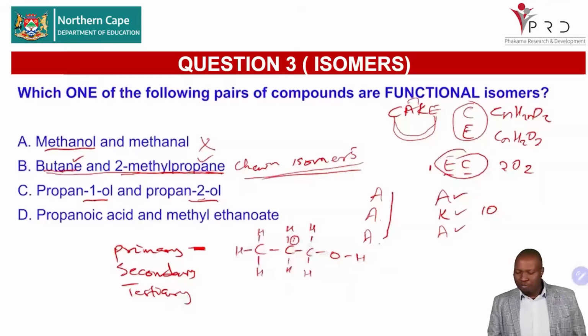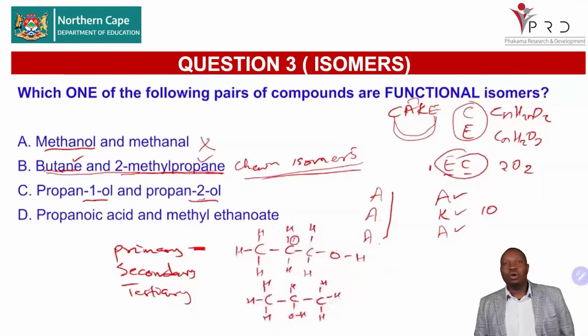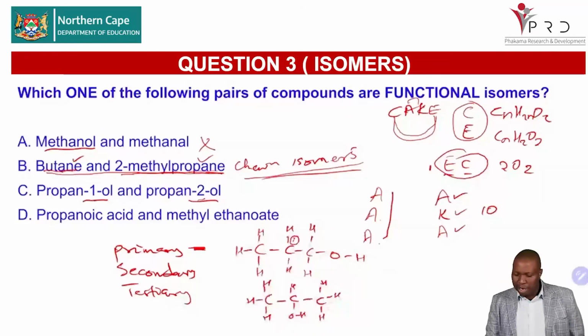But if I was to move the OH to carbon number 2 in propan-2-ol, then it's no longer a primary alcohol. It's now going to be referred to as a secondary alcohol. Why? Because the carbon that is bonded to the OH is bonded to 2 other carbons. And with the tertiary alcohols as well, when we move the OH, the carbon that is bonded to the OH must be bonded to 3 other carbons.